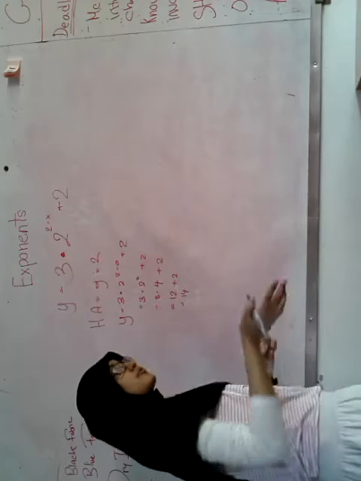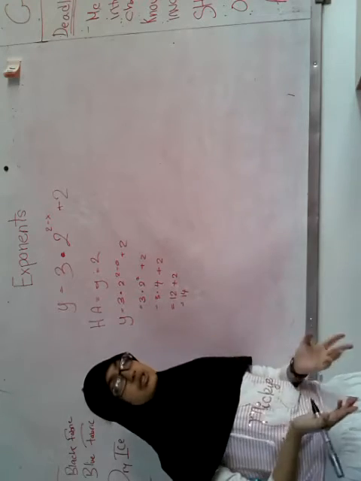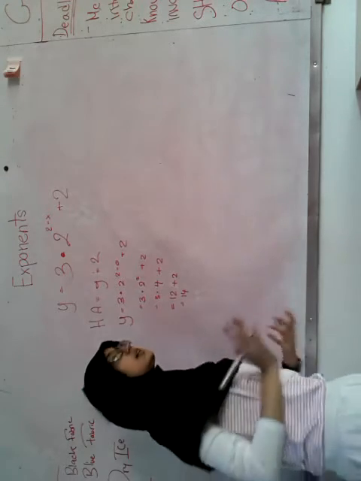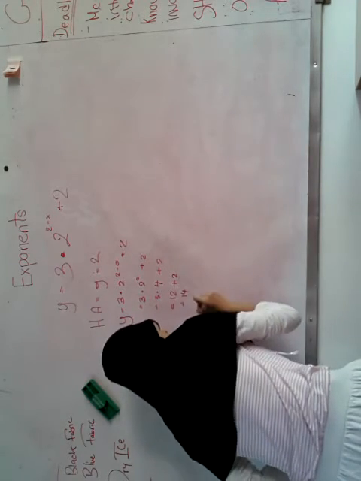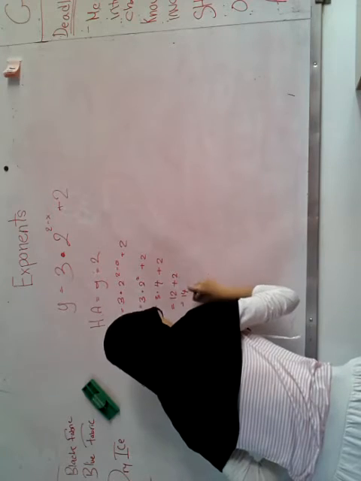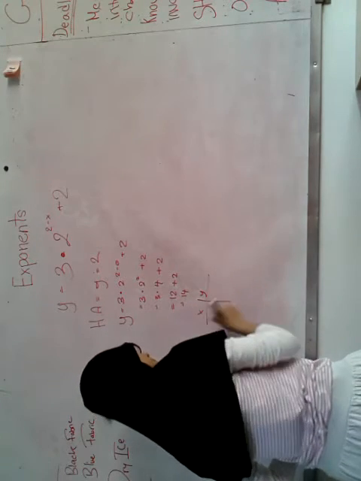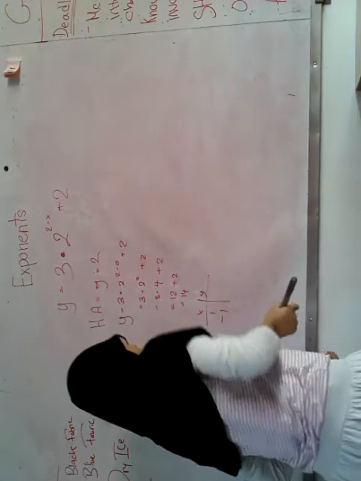The last step was to pick 2 points, one positive, one negative, and then calculate with the equation and then plot them in the graph. So x and y, now 1 and negative 1.